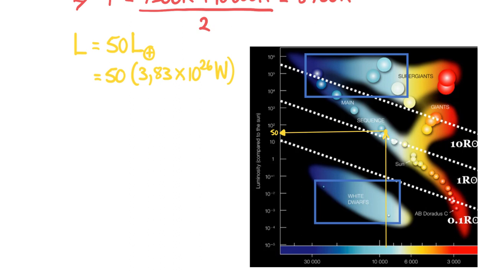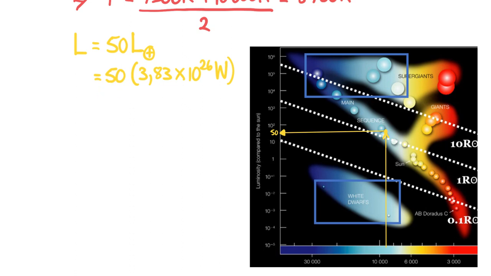Now you will see that we also use this symbol, and that is actually also a symbol for solar. So this is the solar luminosity, the luminosity of the sun. Okay. Now we were given that the luminosity of the sun is 3,83 times 10 to the 26 watts.